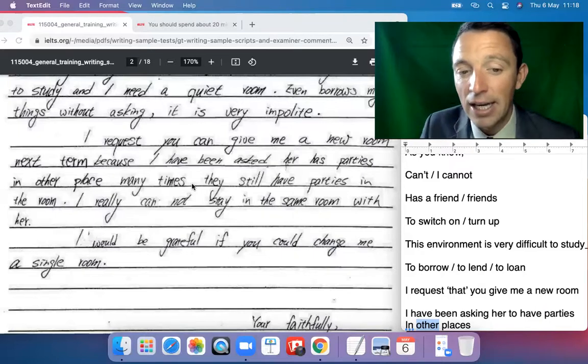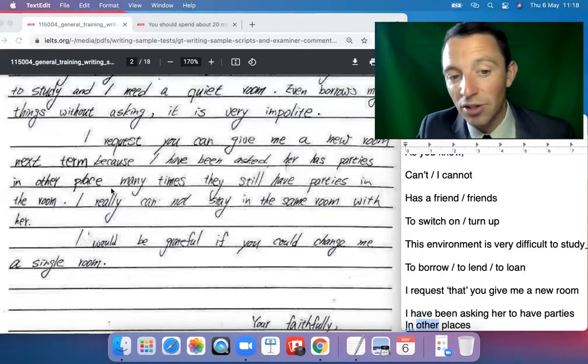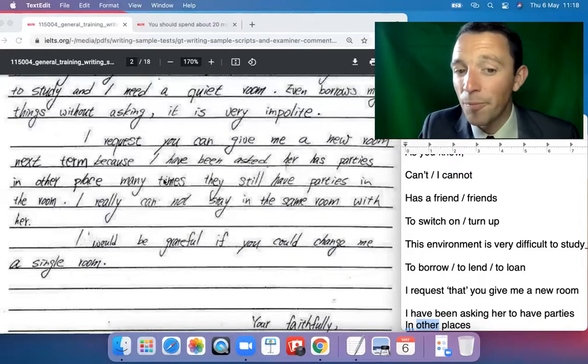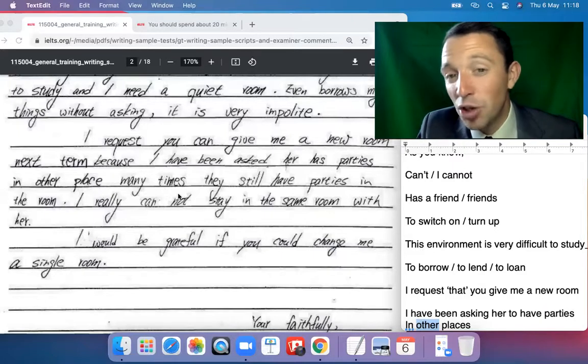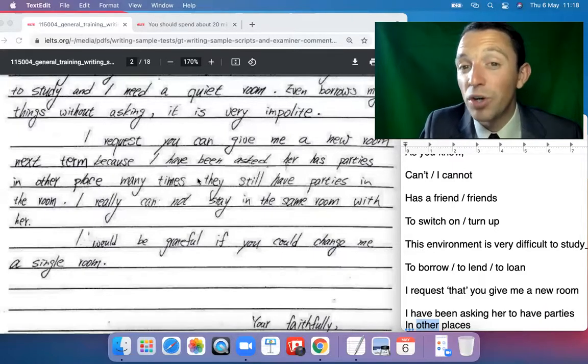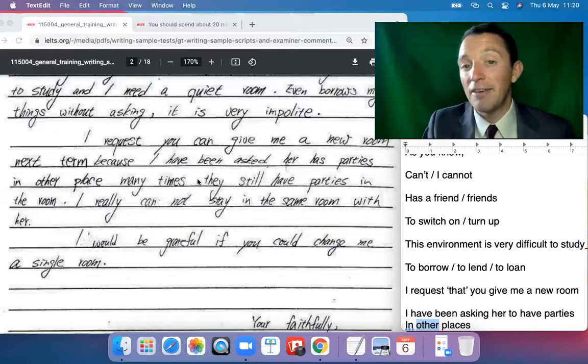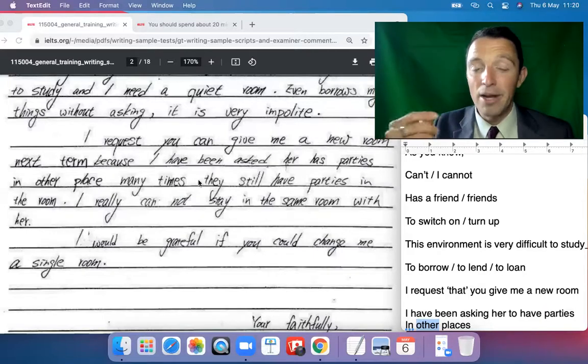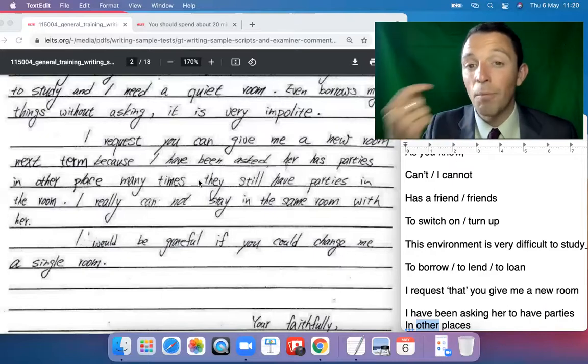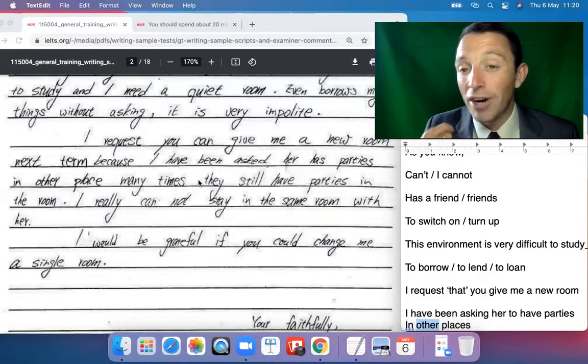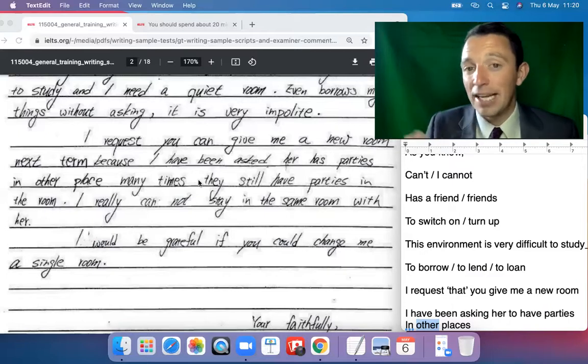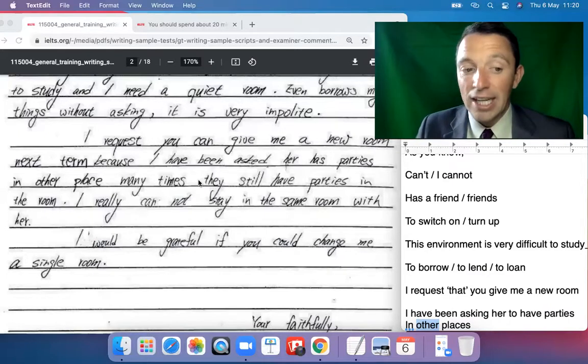For example, "I have been asking her to have parties in other places many times. However," or "but," they're two very simple linkers. It would improve the sentence. But again, if you want to have a higher level, you need time to consider and to choose a more appropriate linker for yourself, a more comfortable linker for you, or even stop the sentence and begin a new sentence again. "They still have parties in the room."